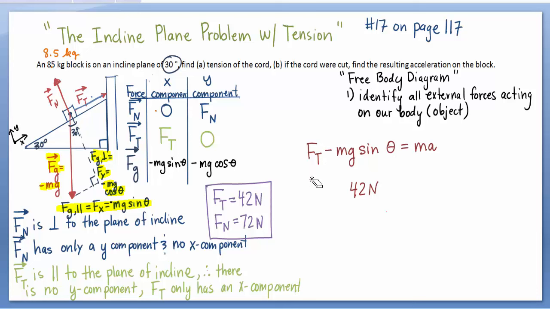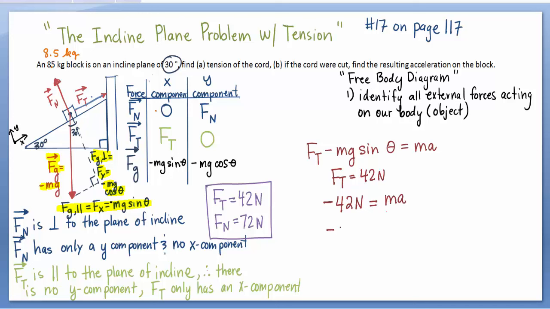So I could say, since FT equals 42 newtons, that negative 42 newtons would be the force in the x direction that moves the block down the ramp, and I could set that equal to ma.